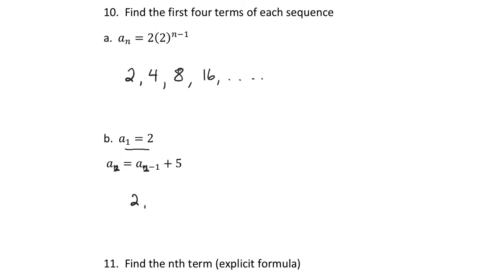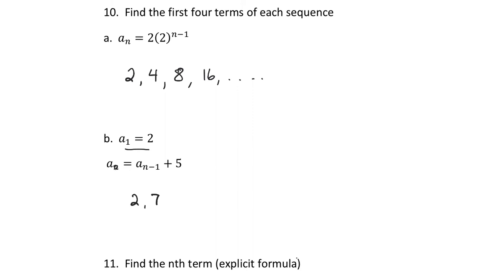And a sub 2 minus 1, this becomes the second term is equal to a sub 1, which is the first term, plus 5. Well, the second term then is equal to the first term plus 5. First term is 2. 2 plus 5 is 7. Now, what we're searching for is the third term. The next term here is the third term, right here. This is when n equals 3, or the a sub 3 term.